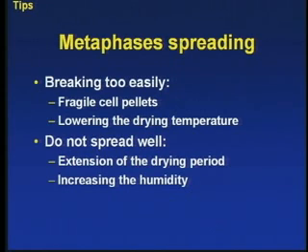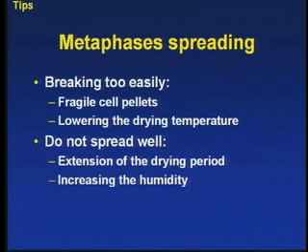So you will know immediately after you drop your cells onto the slide whether it's good spreading or not. If you get a lot of broken chromosomes, you know that you broke them too much or too easily. It's either because you have a very fragile cell pellet. We're going to go back a little bit to how to get a good pellet.